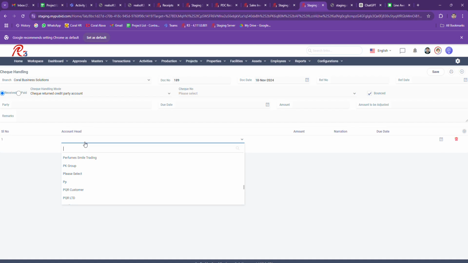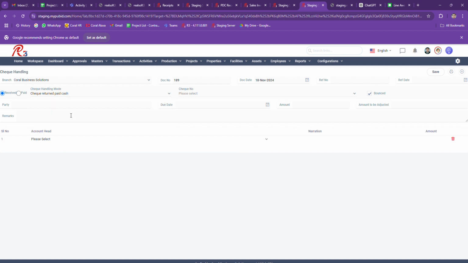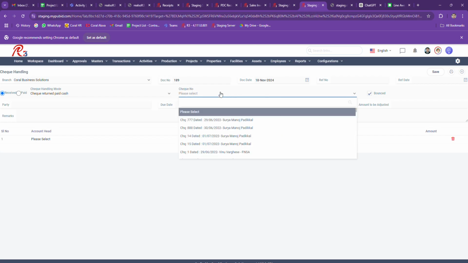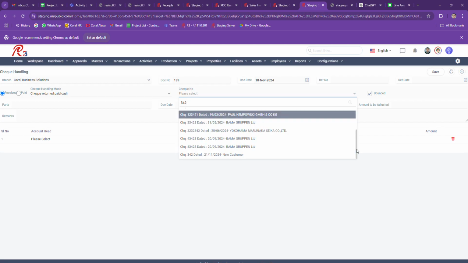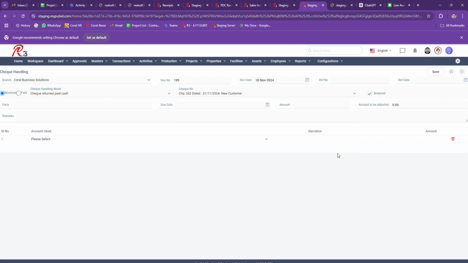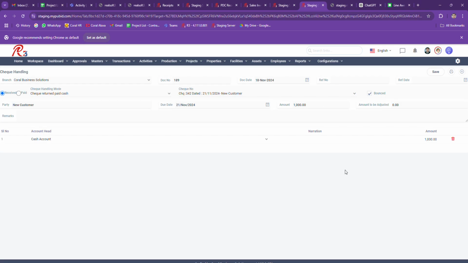So account head, if it is a party, then you have to select the party account. Here you can see check return paid cash, and this 342. Selected, and if it is bounced, select this cash account and 1000.